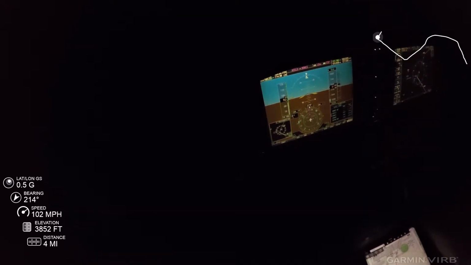Be a left turn to 144, descend 3,500. Alright, this says I should turn now. Oh, let's turn now. 10 degrees of flap.